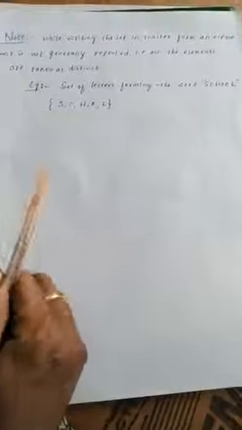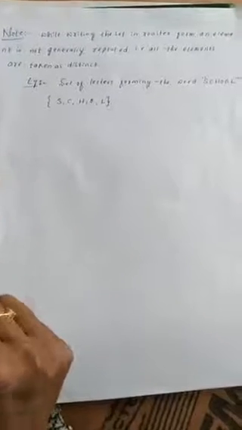The set of all letters forming the word school: we can write the roster form for this word in curly braces. I'll just write S, C, H, O, L. So what it means exactly is, while writing a roster form, if the elements are repeated, we consider them only once.